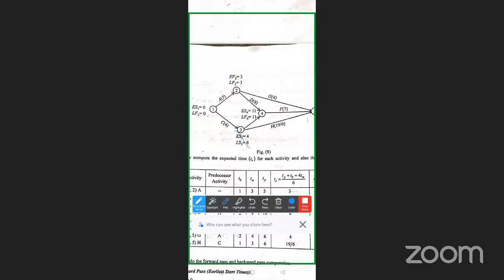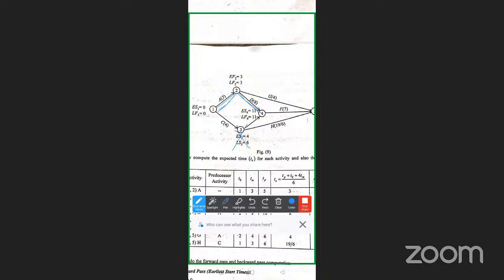Next, the third node is different, 4 comma 6, so we cannot consider the third node. Next, the second node, 3 comma 3, so 1, 2, 3 is on the path. The second is connected to 4, where ES4 and LF4 are equal, so draw the path here.